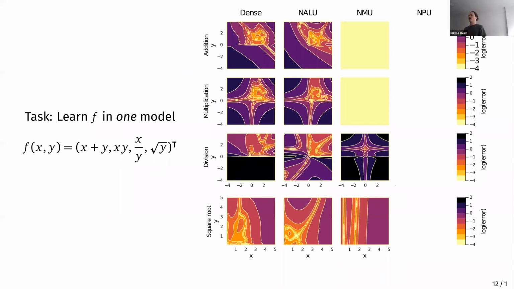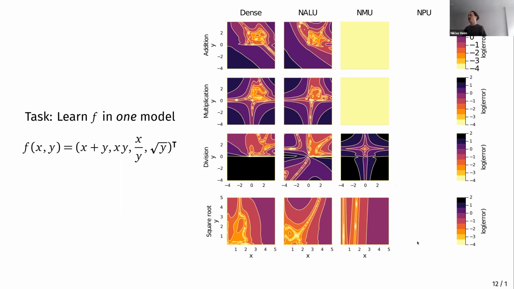And if we go back to our task, then you can see that this now learns the two tasks which it is specialized for almost perfect, or well, basically perfectly, right? Everything, this is completely yellow, so this is practically zero error. Unfortunately, it can't do division, and it also cannot do square root, right? Exactly because it has these explicit multiplications in its multiplication layer.